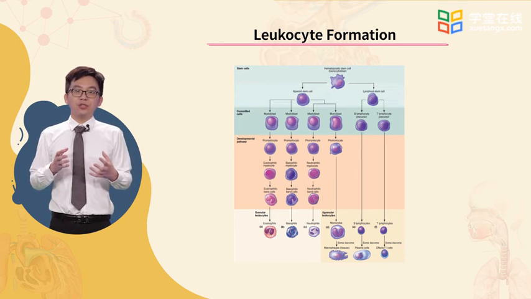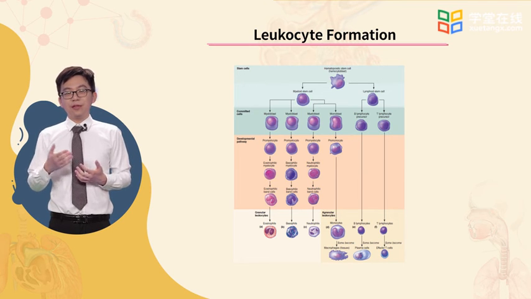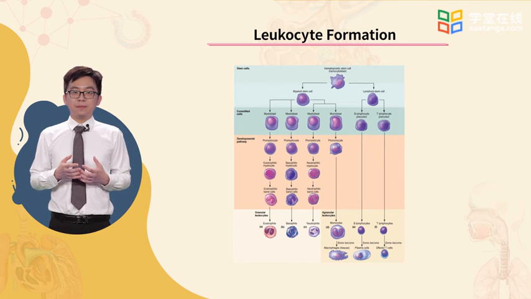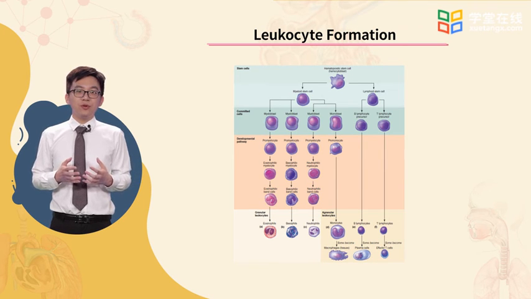It gives rise to 2 different lineages, the myeloid lineage and the lymphoid lineage. We already know that myeloid lineage gives rise to erythrocytes and platelets. It also gives rise to 3 leukocytes, neutrophils, the most common in the blood, and eosinophils and basophils.